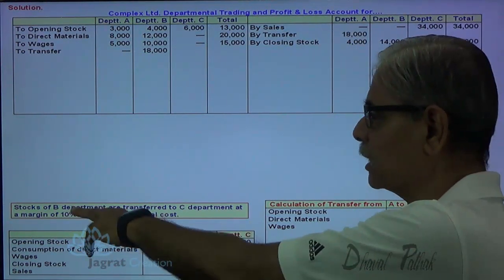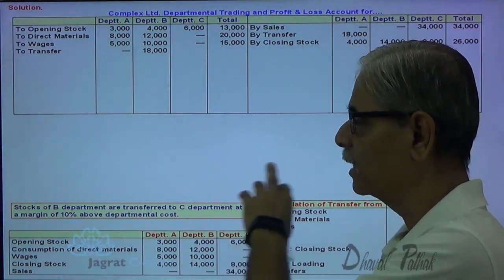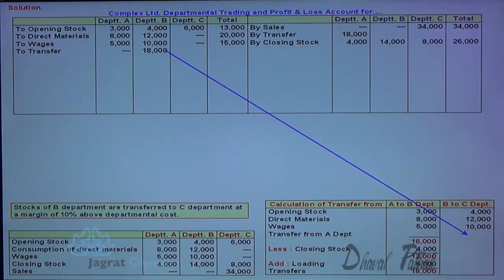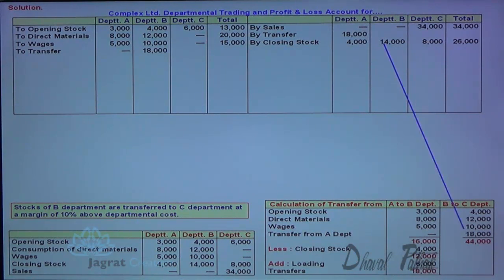Now goods are transferred from department B to C at 10% above the departmental cost. So let me work out the transfer price from B to C. 4,000, 12,000, 10,000, 18,000 is an item with profit load, minus closing stock. So this is the cost of goods transferred.